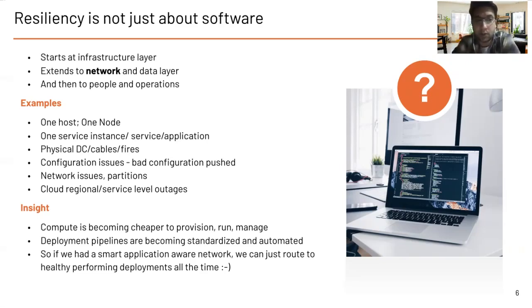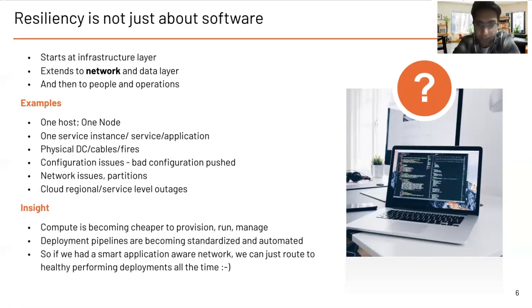So all of these can cause failure modes and availability issues for your applications. The question is, how do you design your applications to be resilient against them? And can we do better than just two deployments, active-active or active-passive?